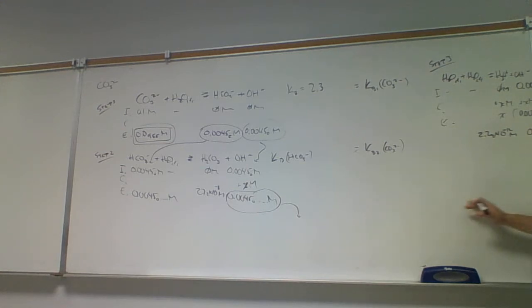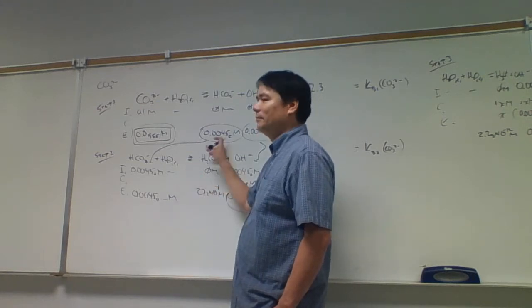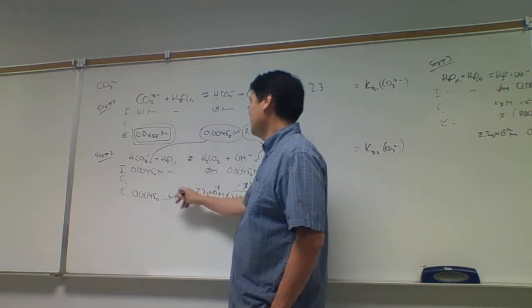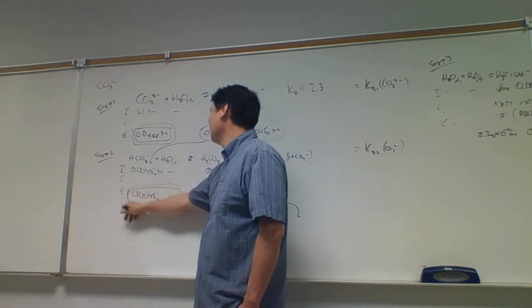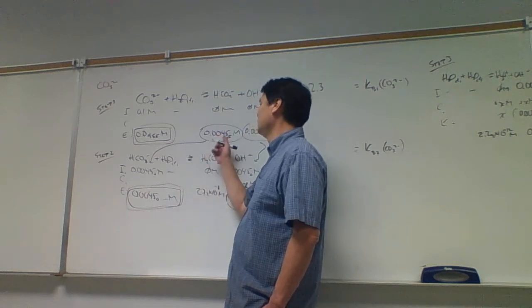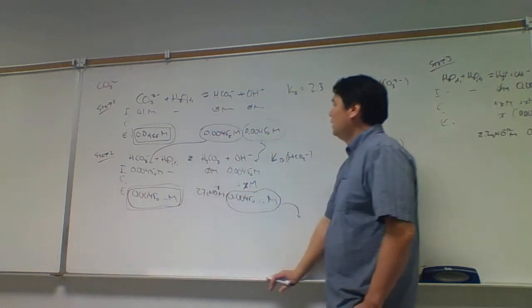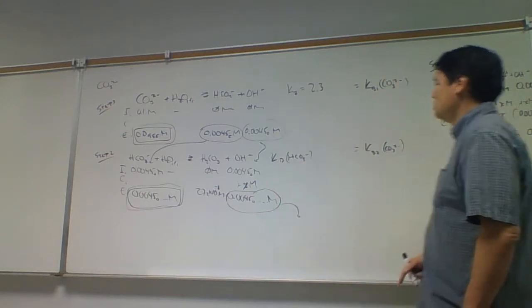But when I look at the bicarbonate, did the bicarbonate change significantly? No, it was a negligible change. And so what that means is this bicarbonate value satisfies the equilibrium for both step 1 and step 2, essentially. And now the hydroxide changed here, but it's going to change one more time.